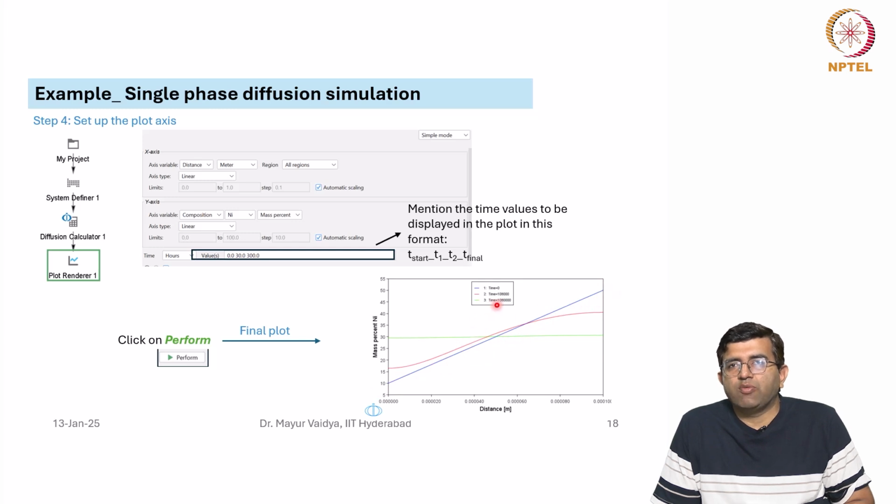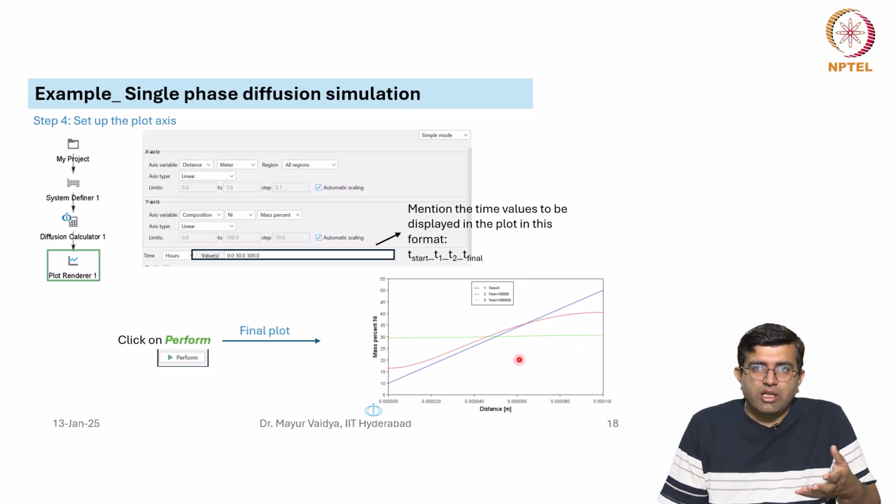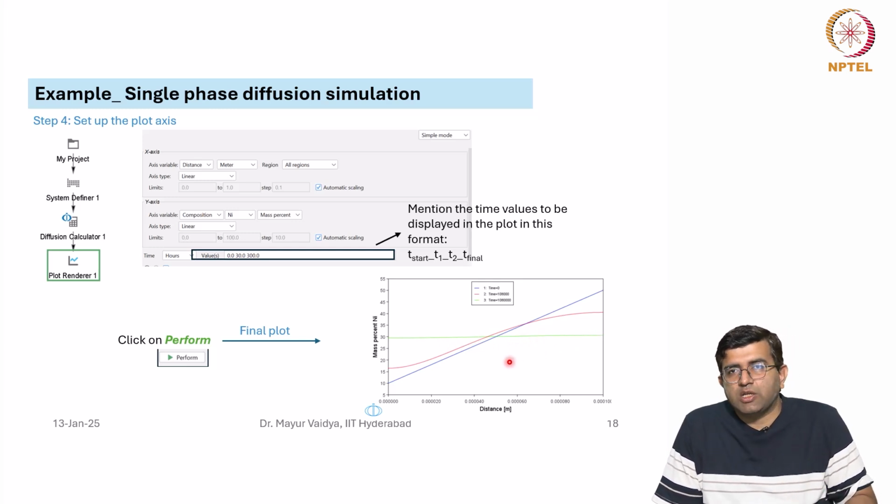Then as the time evolves, for this number of hours or seconds, sorry, you have this red profile, and then you have a very large time at which the composition profile becomes uniform. So, depending on the type of material and the elements that you choose, the time it takes to smoothen, or the evolution of this, will be different.